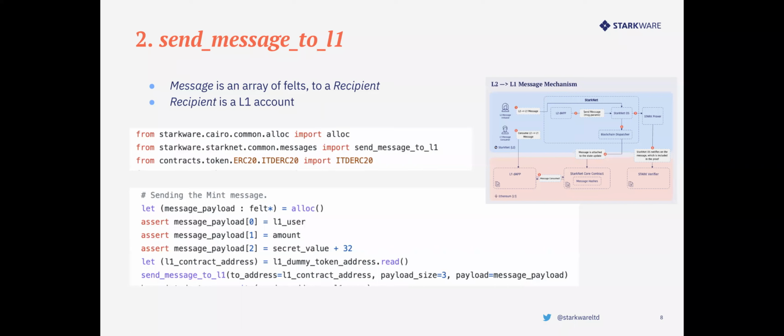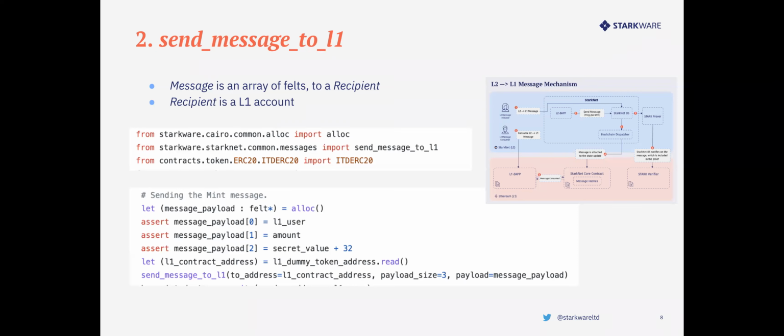First of all, the address on L1 where this message is going to be sent, and then you're going to create the payload, like as you can see here, an array of fields, basically, and when you call the message, you will also specify the payload size.